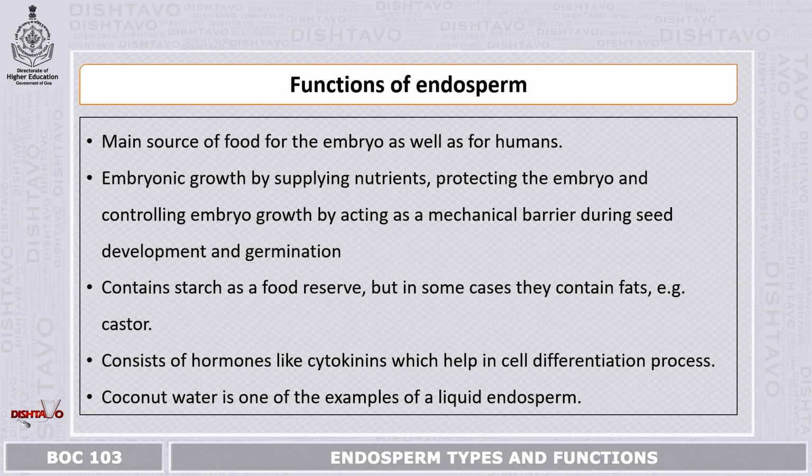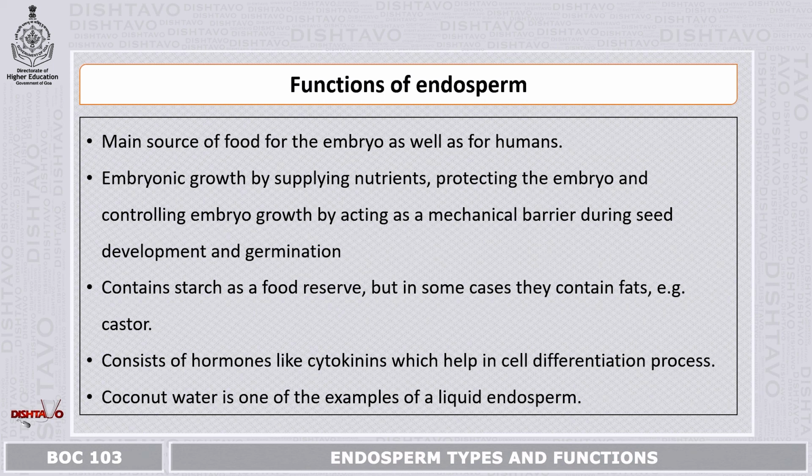Now the functions of the endosperm. The main function of the endosperm is food reserve. It provides food for the developing embryo as well as food for humans. Now it supports embryonic growth by supplying nutrients, protecting the embryo, and controlling the embryo growth by acting as a mechanical barrier during seed development and germination.